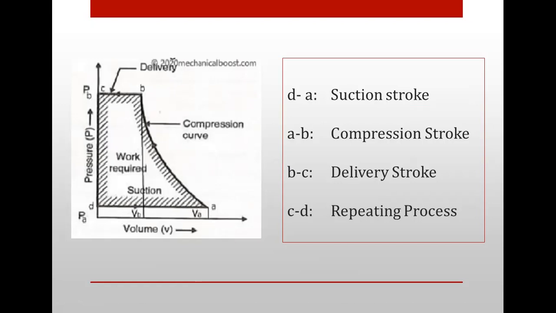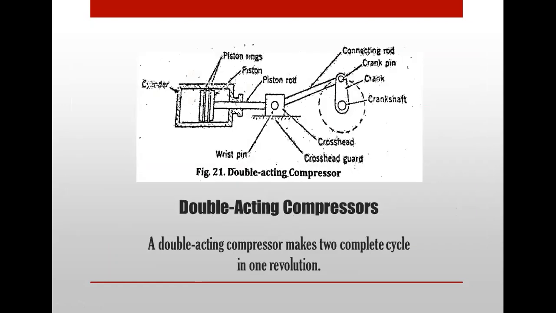And then the next type of reciprocating compressor is the double-acting compressor. The double-acting compressor makes two complete cycles in one revolution. In the single-acting compressor, only one side of the piston works. The double-acting compressor is a little bit different. The piston of the double-acting compressor works on both sides.